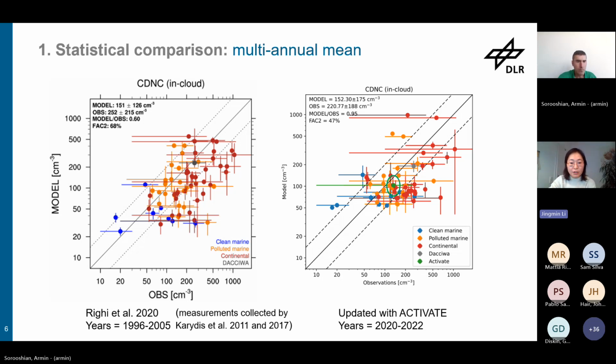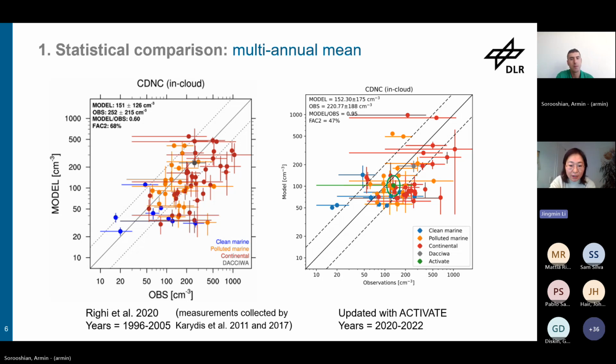In this plot, each dot represents one source of observation, and the area between the dashed lines means the difference between model and observation is less than a factor of 2.